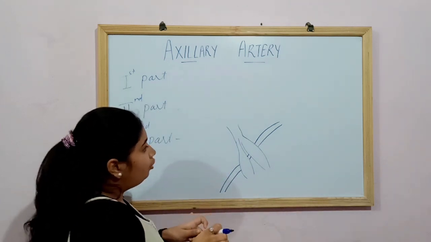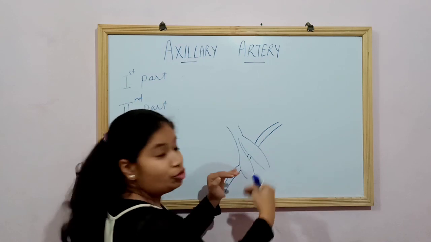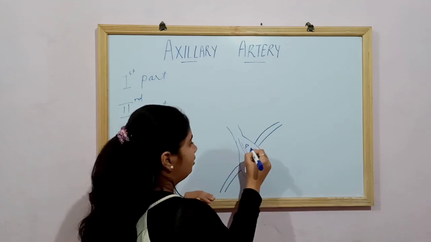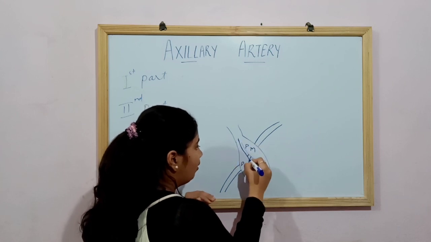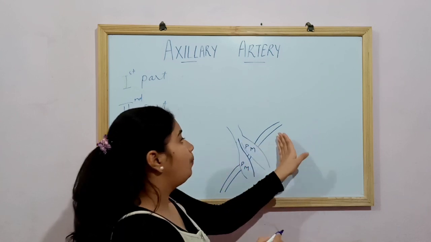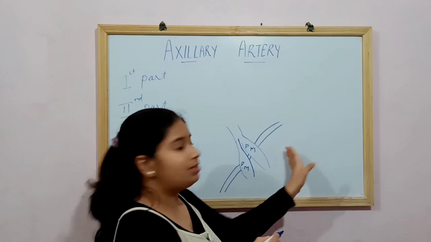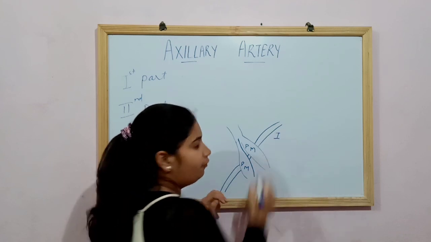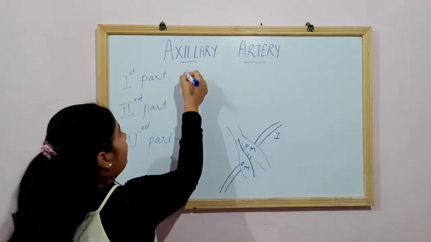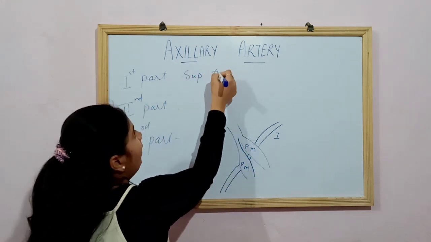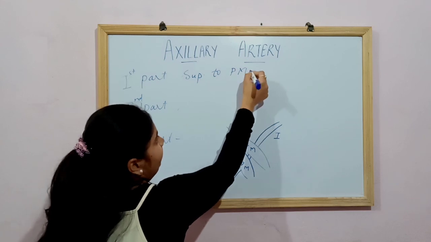The part which is above or superior to the pectoralis minor muscle, we can name it as the first part, and though it is superior, क्योंकि ये ऊपर है, तो हम कैसे कहेंगे superior to pectoralis minor muscle.